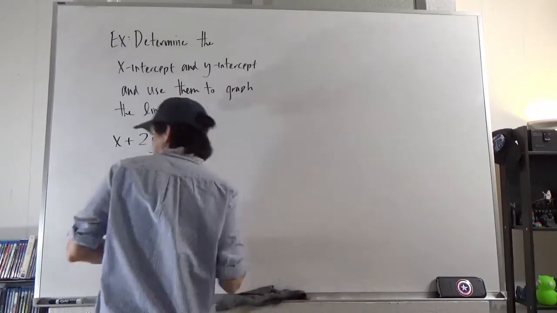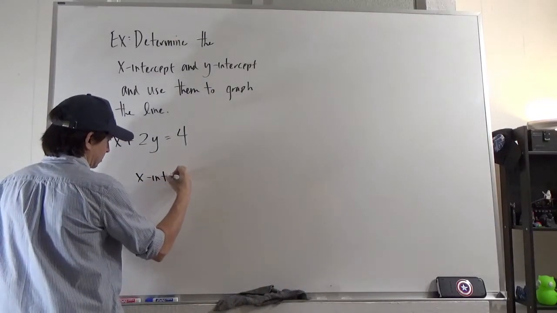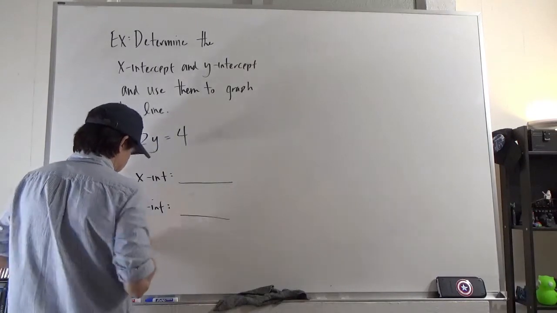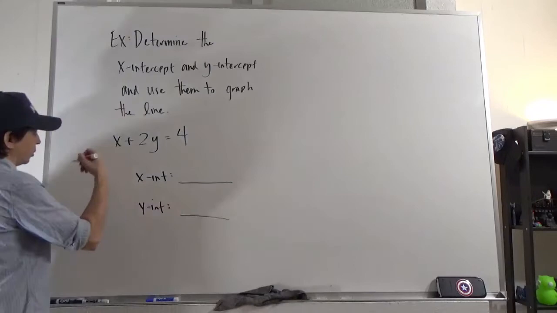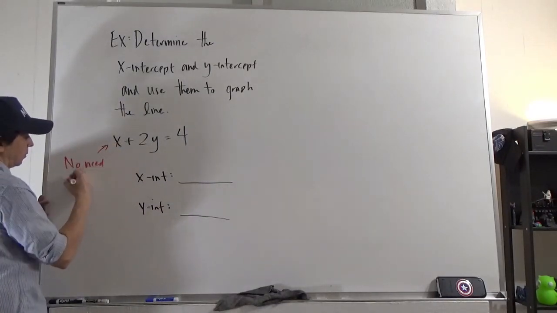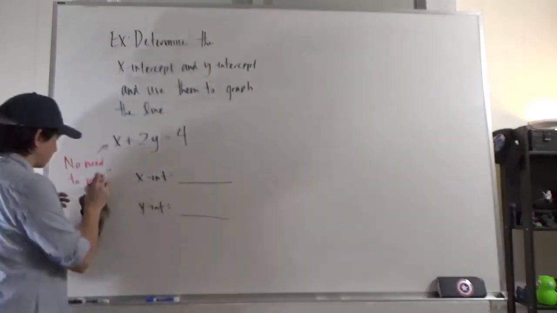Do you have blanks for them? And for your notes, I'm just going to say no need to put into, or to write as y is equal to mx plus b.